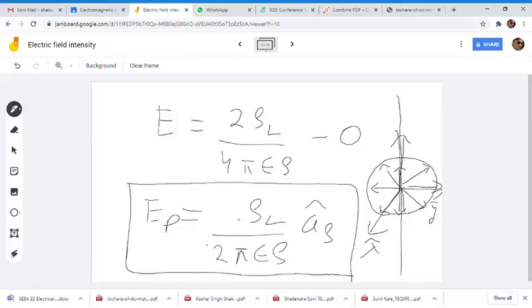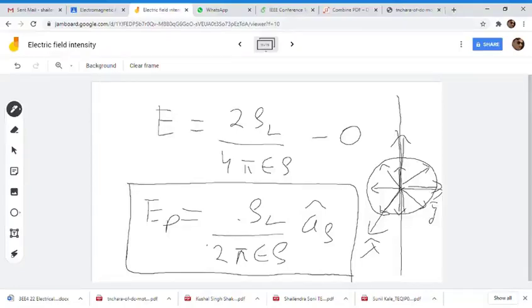You can limit this line charge to a practical number, meaning the line charge will be of length L, and now you can again calculate the electric field due to that finite line charge at that point P. So this is an assignment for you: calculate the electric field due to a finite line charge having a length L, at a point P on the y axis.